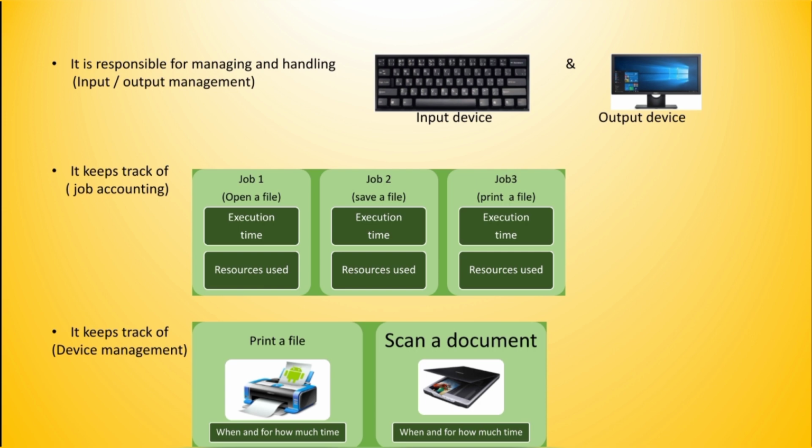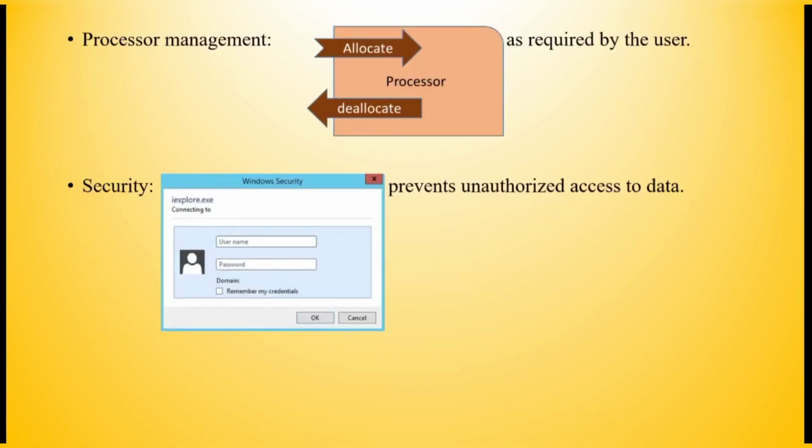Device management. The operating system allocates the system resources, that is, printer or scanner, for a job and also deallocates the resources once the job is done so that it can be allocated for the next job. Processor management. It allocates the processor for a job as required by the user.